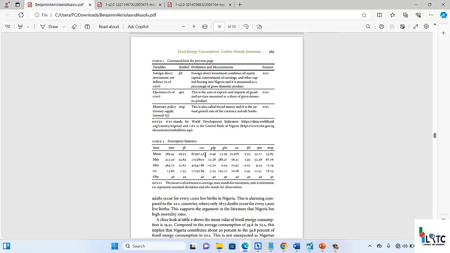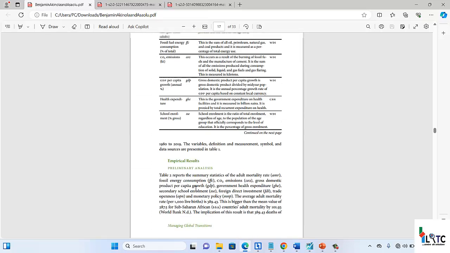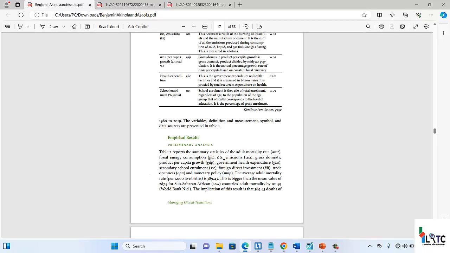Now let us take a look at how these authors interpreted the results. Okay, table 2, look at it. Table 2 summarizes the statistics of the adult mortality rate. Now, the average adult mortality rate is this. So, this is bigger than the mean value of this for sub-Saharan Africa. What these authors did is that they compared the average of each of the variables with that of sub-Saharan Africa as a whole.